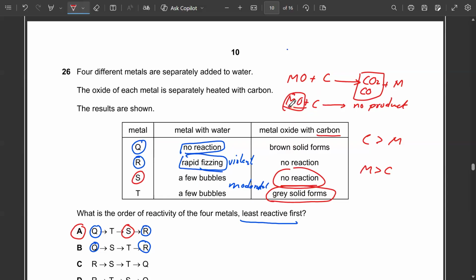It is already more reactive. That's why S is more reactive than T. T is forming some other product, which we do not know. So in this way, A is the correct option. I hope it's clear to everyone. When a metal is more reactive than carbon, like metal S, no product is formed, no reaction is there.